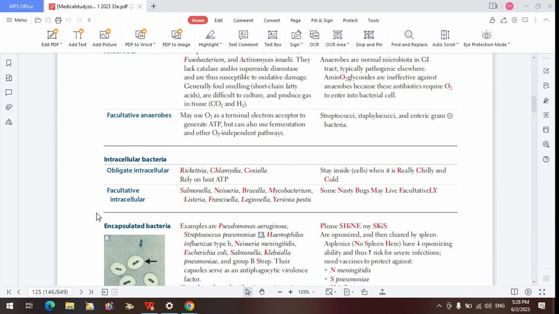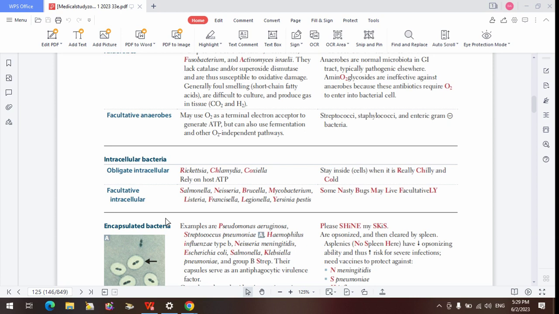So the facultative intracellular ones can work both outside and inside. They can stay inside and outside. So that's these guys here, and I think we have a code for them. MBME slide. That's the code I came up with, although I know that nobody will ask about all these things. I'm just giving you the code so that you won't say we are just skipping over them. I'm sure nobody will ask you facultative intracellular.